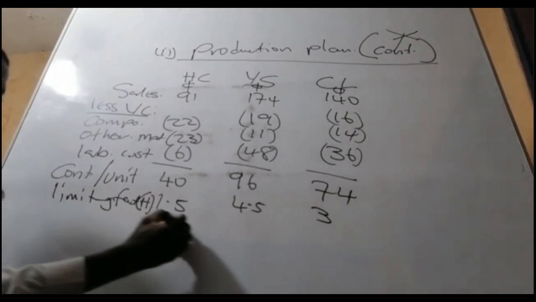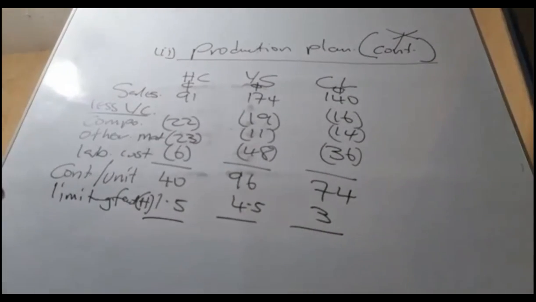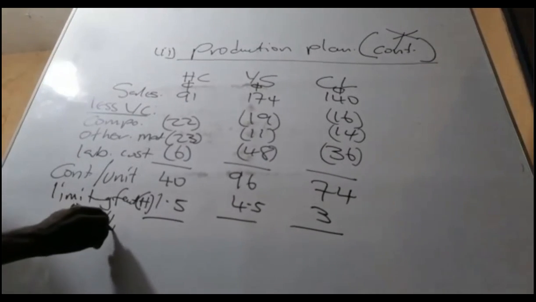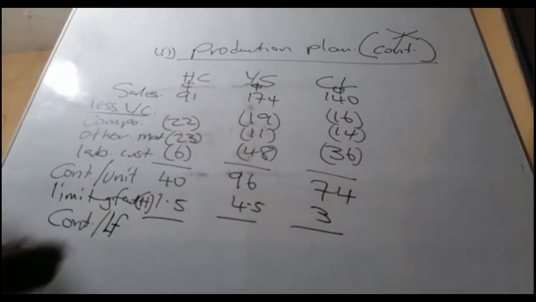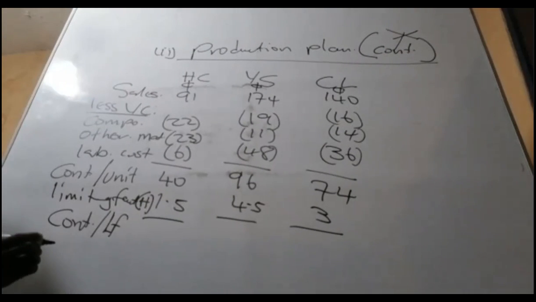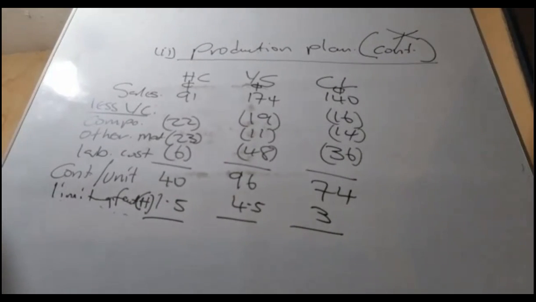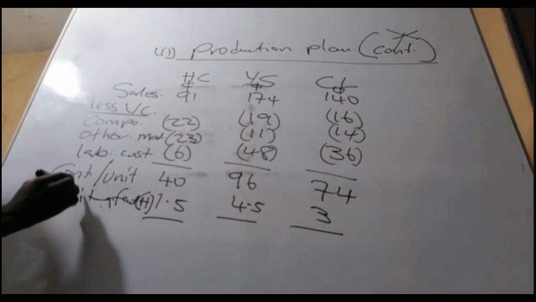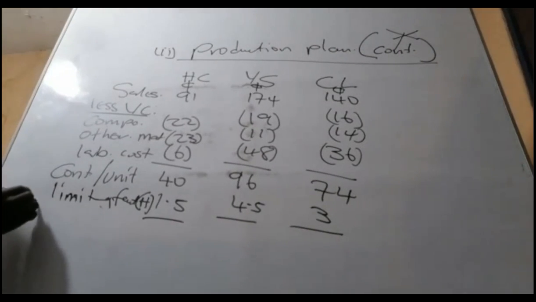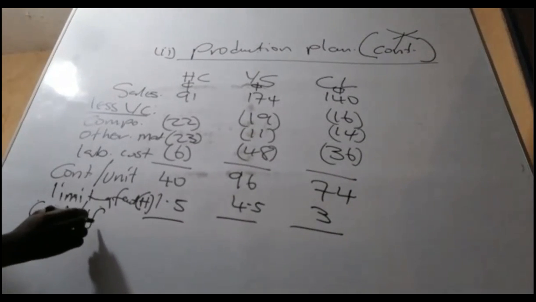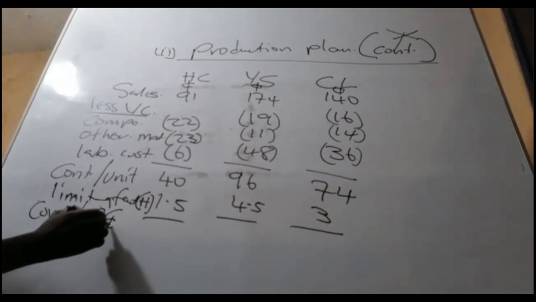Therefore, what will be the contribution per limiting factor? It is 40 divided by 1.5. In fact, you have to tell the examiner that these answers are in cedis per hour, so in the bracket, Ghana cedis per hour.